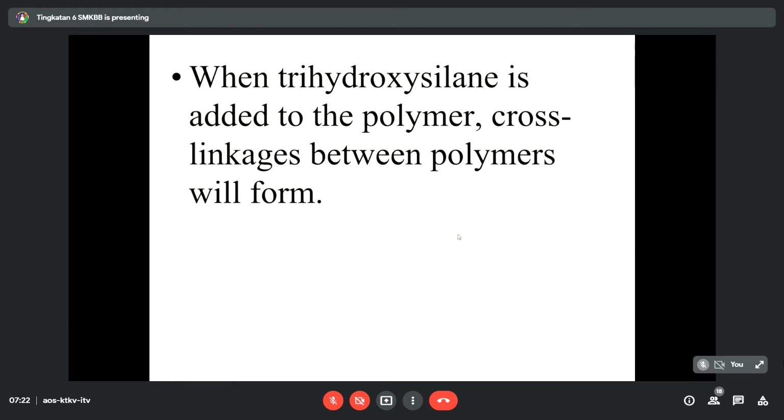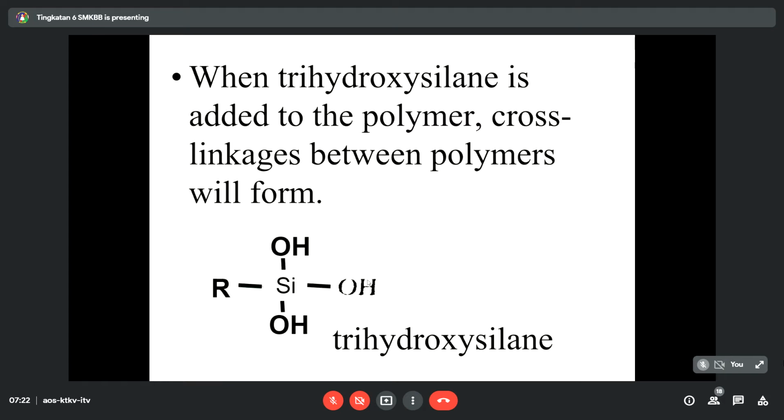Now, if you start with trihydroxysilane, that means 3 OH, when you add it to the polymer, you find that cross linkages between polymers will form. I mean, we add 3 OH, get that? Trihydroxy. Now, you should know that when OH acts as a functional group, more or less a functional group, yeah?